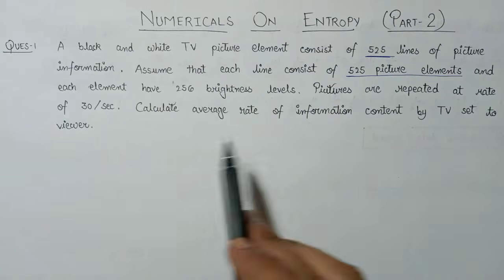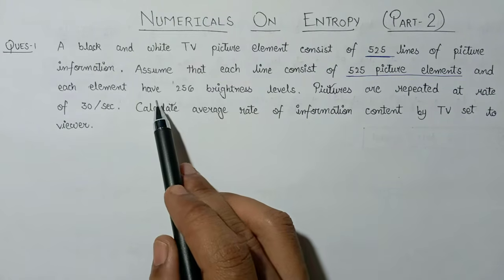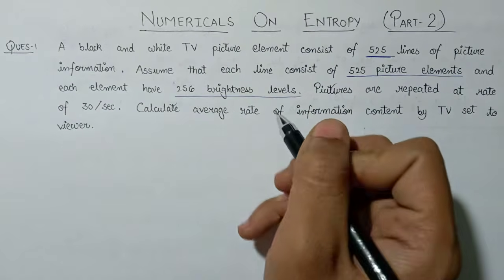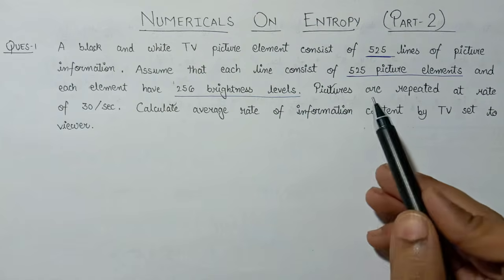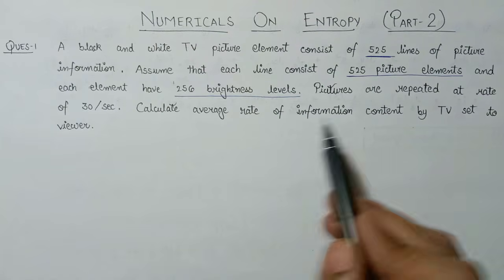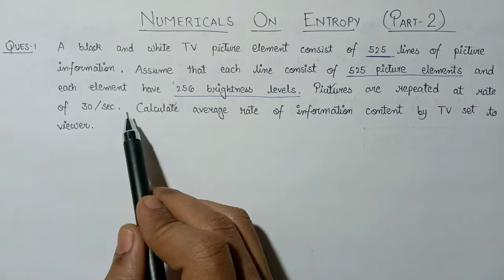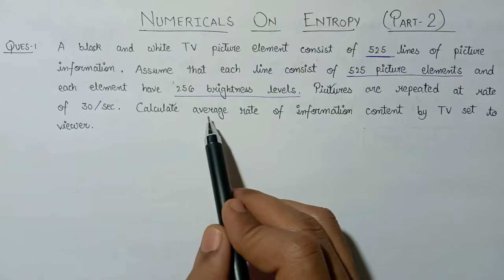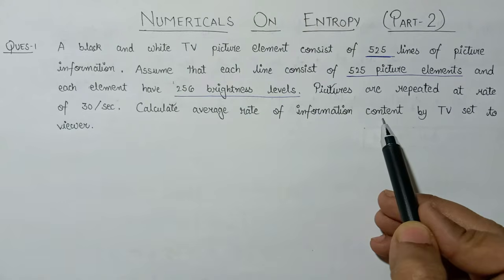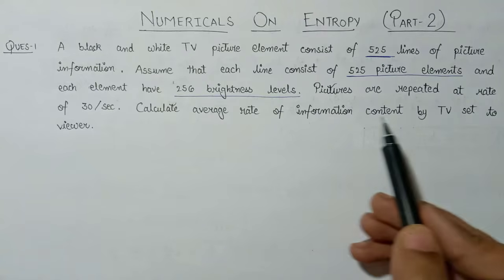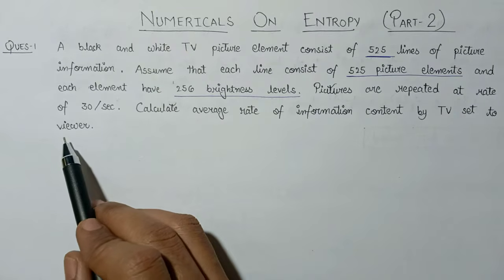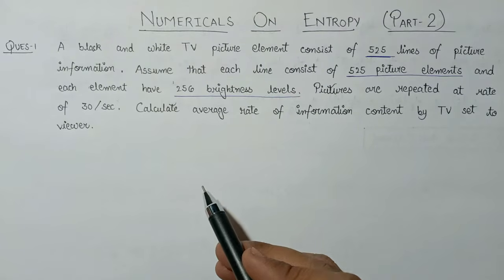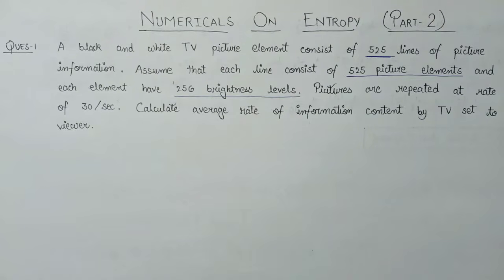And in each picture element there are 256 brightness levels. And the pictures are repeated at the rate of 30 per second. What we need to do is calculate the average rate of information content by the TV set towards the viewer. So let's talk about the data or the information that is given to us in this question.